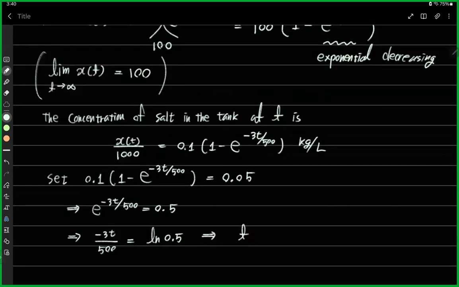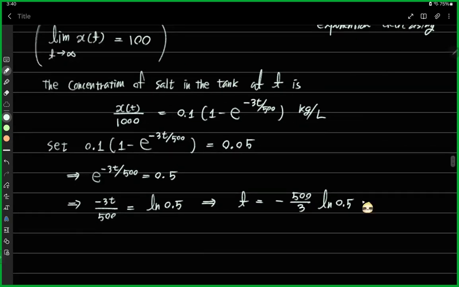Then isolating t gives negative 500 over 3 times natural log of 0.5. So this is approximately 115.52 minutes. So it will take 115.52 minutes to reach the concentration 0.05.